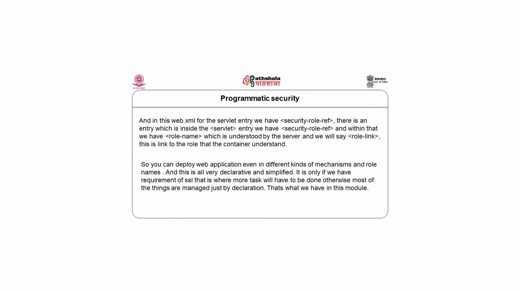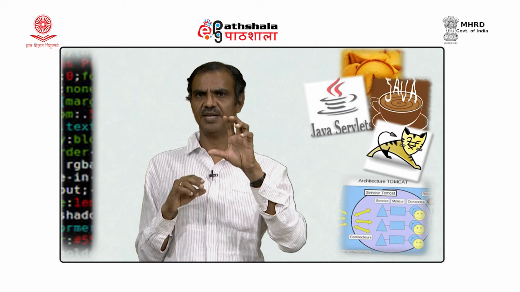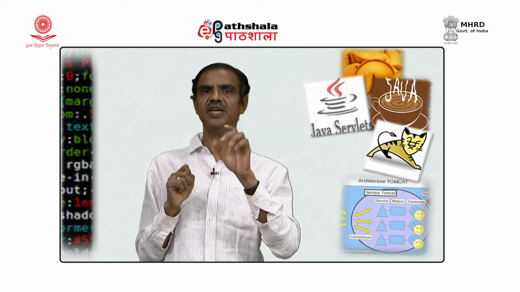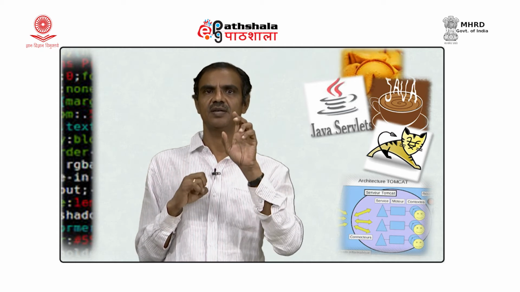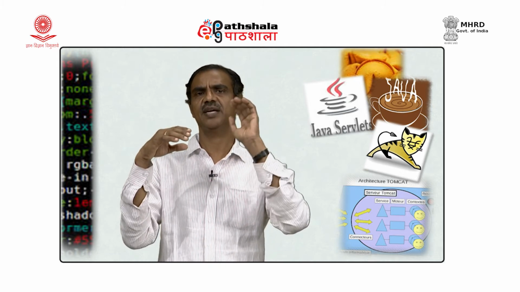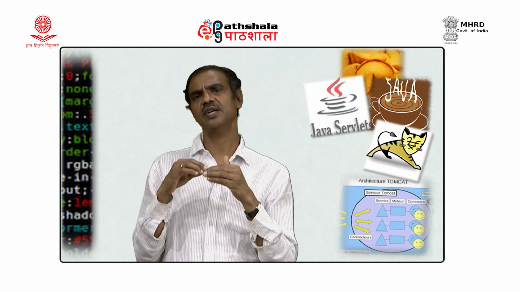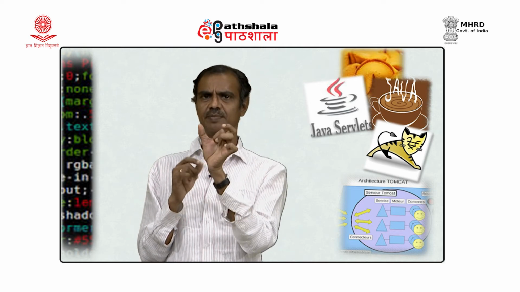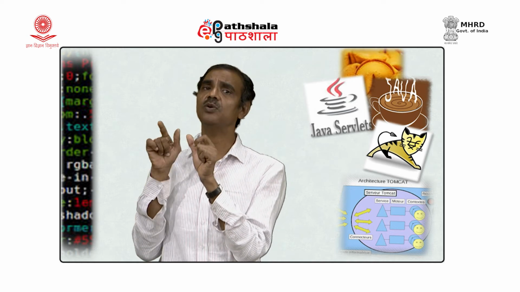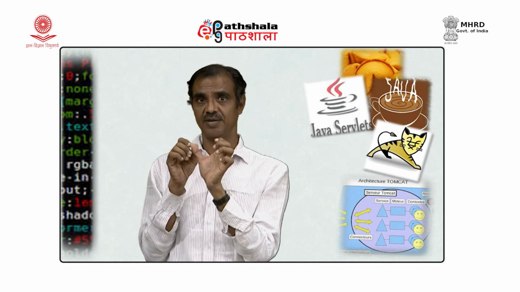Let me tell you those entries. These entries are part of web.xml, and within the servlet entry, we have security-role-ref. There is an entry inside the servlet entry called security-role-ref, and within security-role-ref you will have role-name, the name which is understood by the servlet, and role-link.